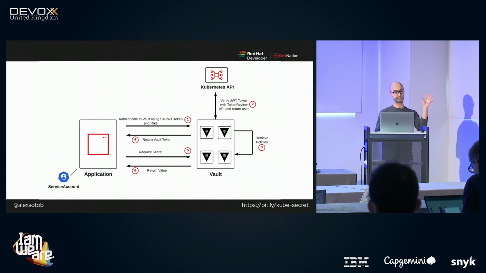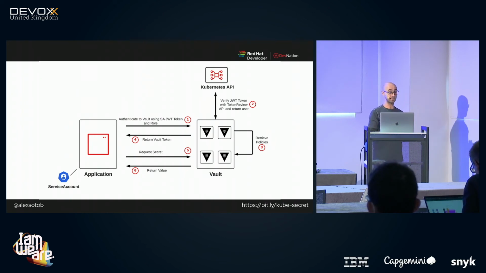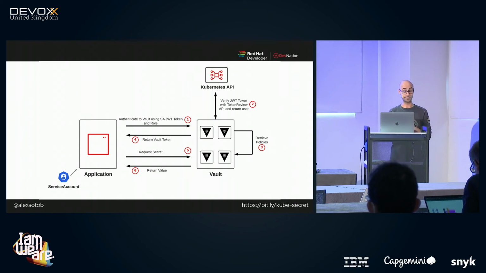So there are two pieces: a role that you need to configure in your application, but notice that it's a role. It's not a password. It's not a username. It's a role. If it's compromised, it doesn't matter. And there is a JWT token, which is the service account JWT token, that you create, but you don't know exactly what it is because you just did a kubectl apply of that service account.